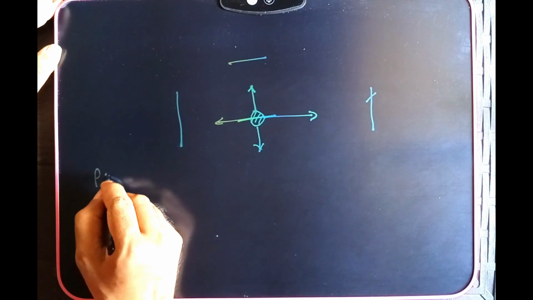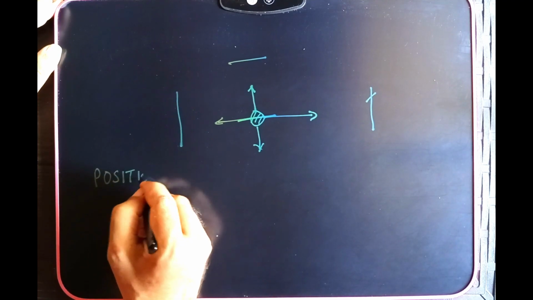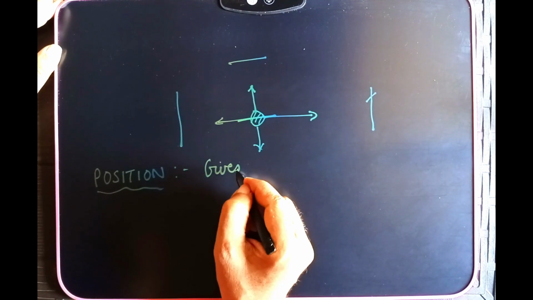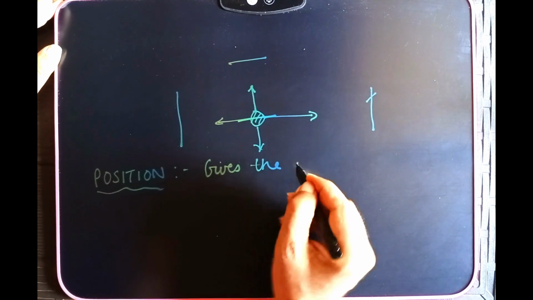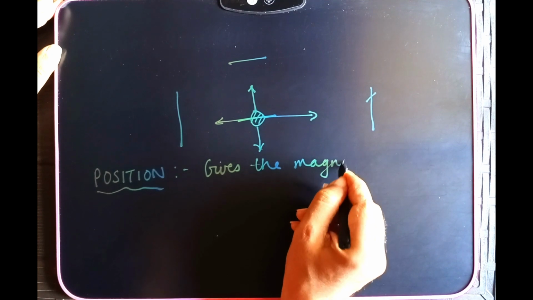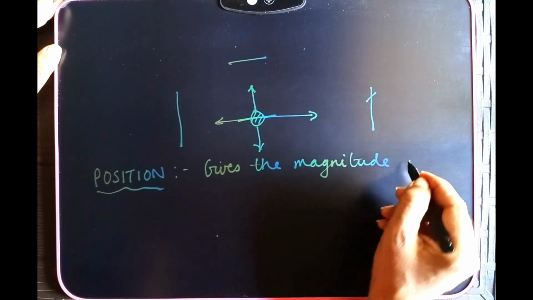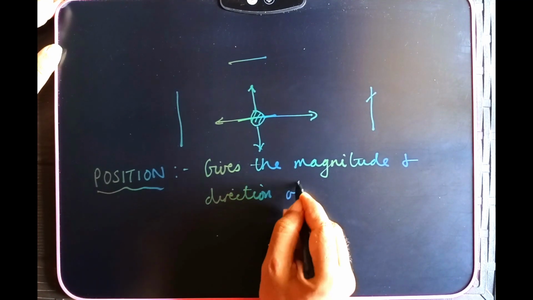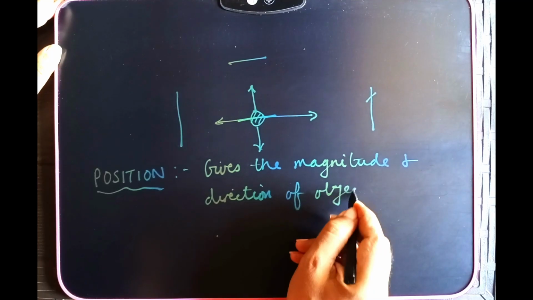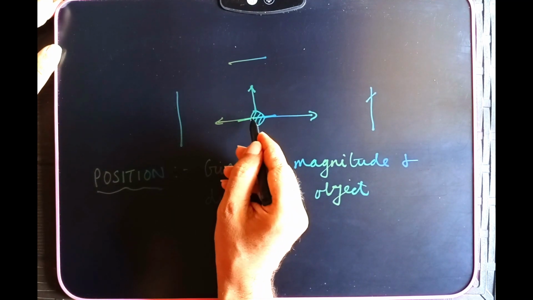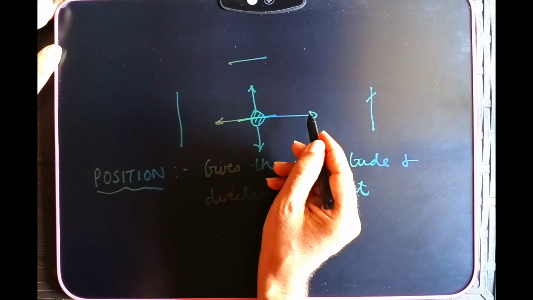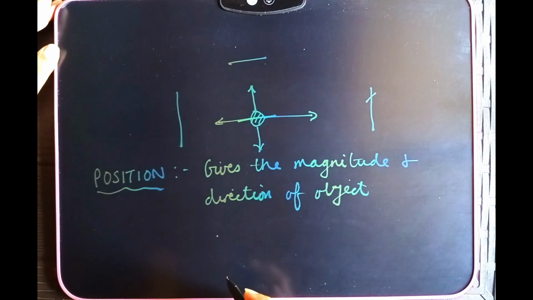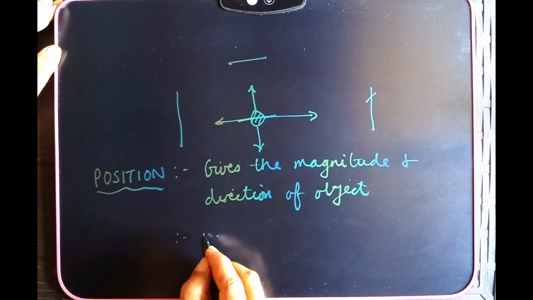So position gives the magnitude and direction of the object, right? So direction, whether the object is on the left or whether it's on the right, or whether it's top with respect to the reference or whether it's down with respect to the reference, right? So that means position is a vector quantity.